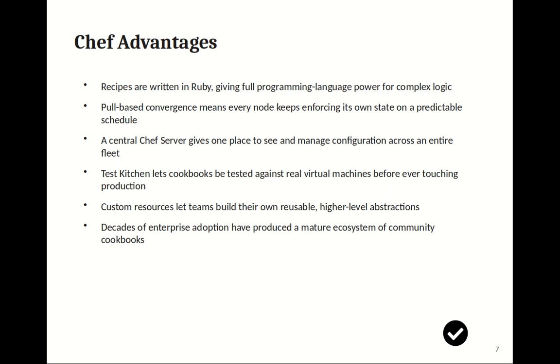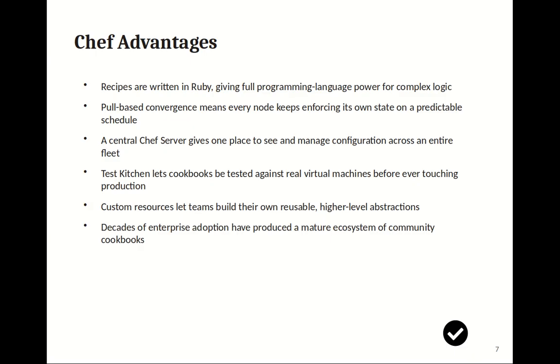Chef advantages: recipes are written in Ruby, giving the full power of a programming language for complex logic. Pull-based governance means every node keeps enforcing its own state on a predictable schedule. A central Chef server gives one place to see and manage configuration across the entire fleet.